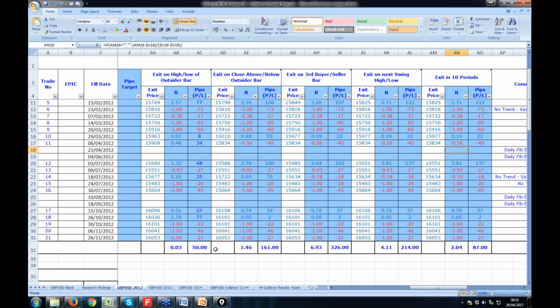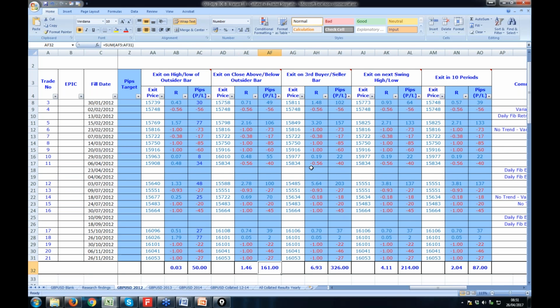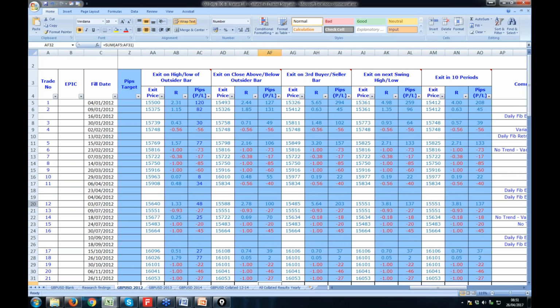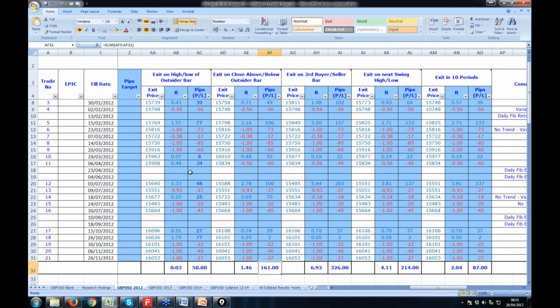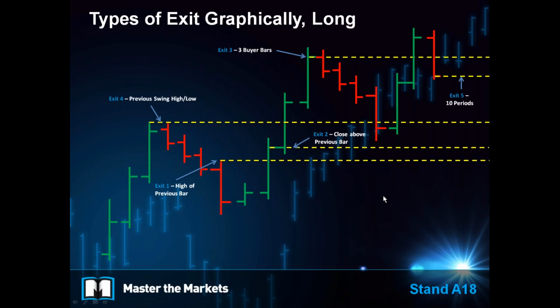So you can see by way of R multiple and also in terms of pips what we have made for each type of exit for each year. And then when we collate the results, we also get a certain profit and loss and certain performance as well. Good. So that's important to note.